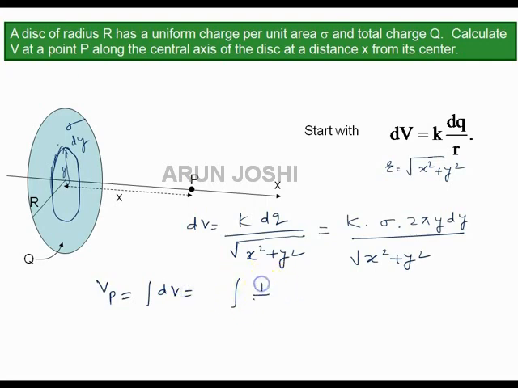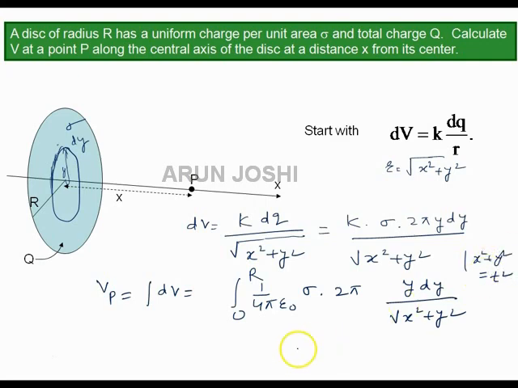K you can write as 1 upon 4 pi epsilon naught, sigma 2 pi y dy upon root x square plus y square, and y is varying from 0 to r. Now again, such integration I have discussed a lot. We can solve it by putting x square plus y square equal to t square. But I am directly writing the result: root x square plus y square. So I solve this part, 2 pi.